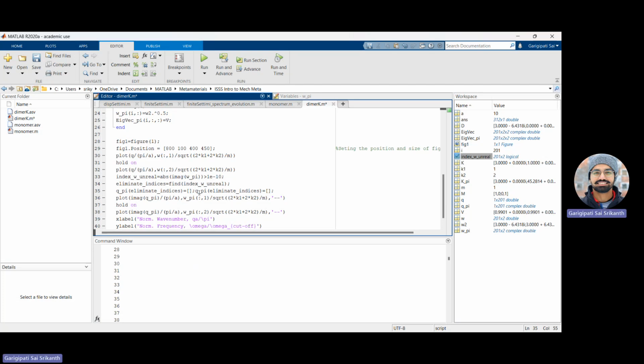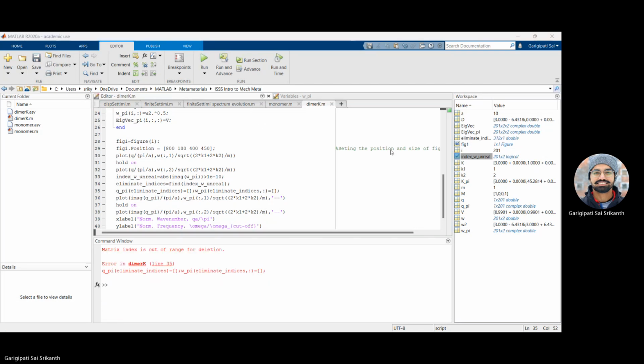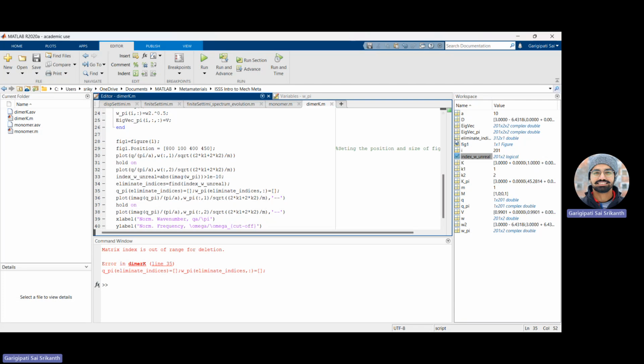Similarly... out of range. Why is it out of range?